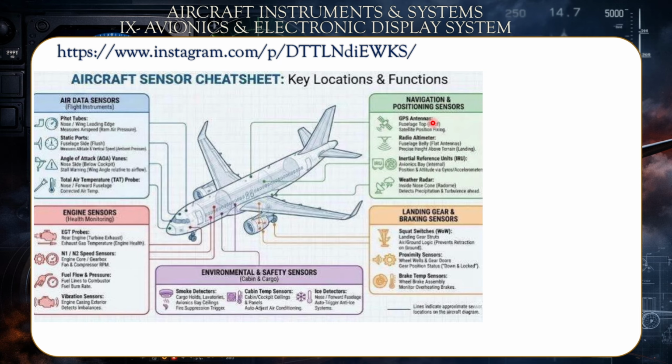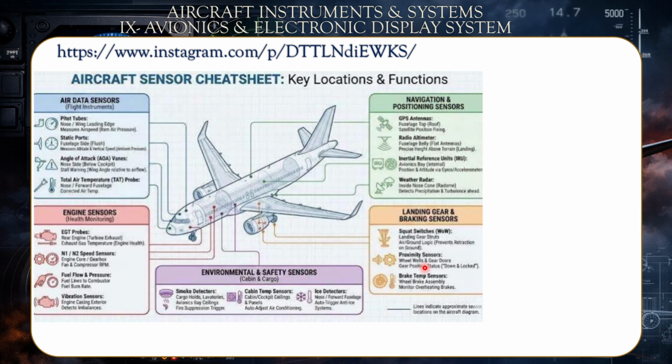You have navigation and positioning sensors for GPS antenna, radio altimeter, inertial reference units, IRUs, for the geolocation, and weather radar. Finally, you have landing gear and braking sensors for the landing gears, like squat switches and proximity sensors, proximity to the ground.